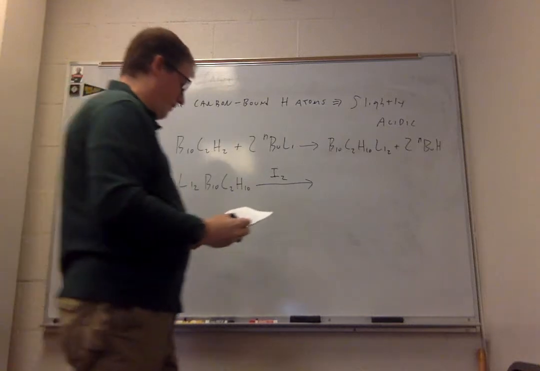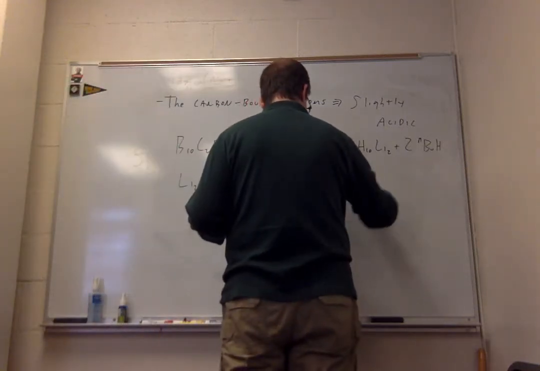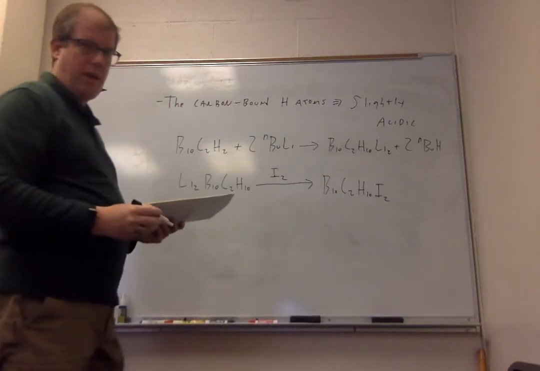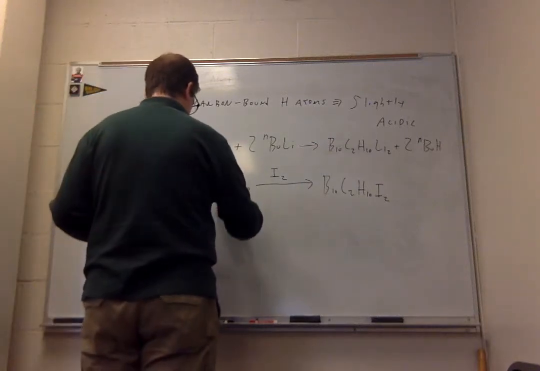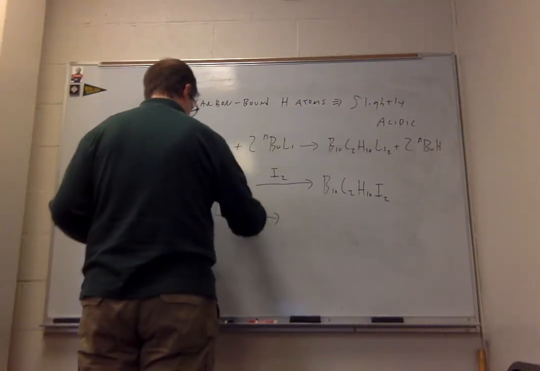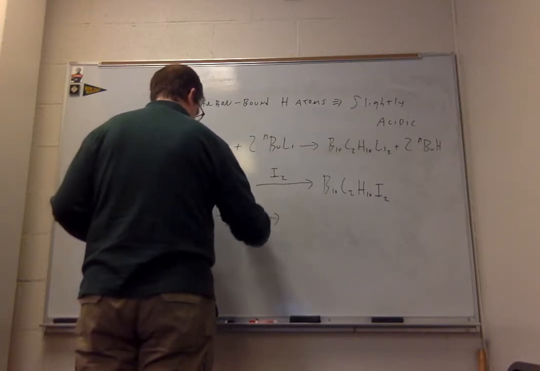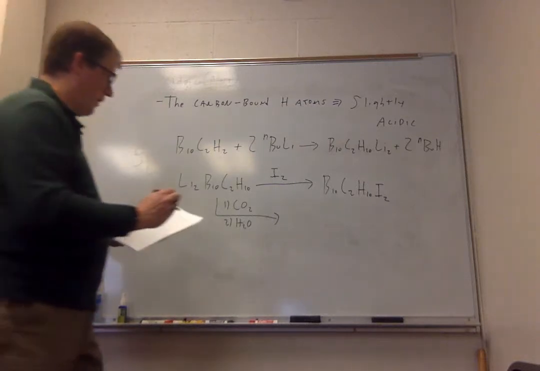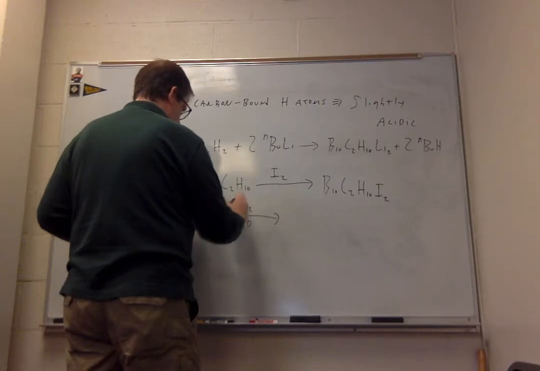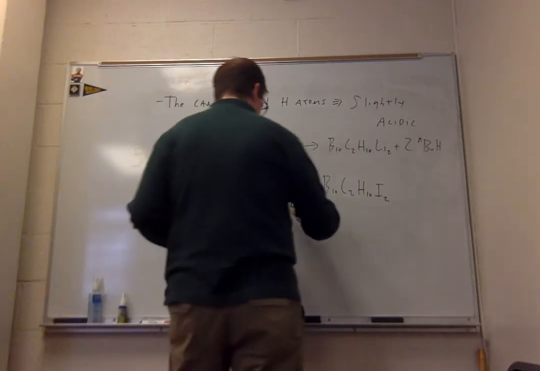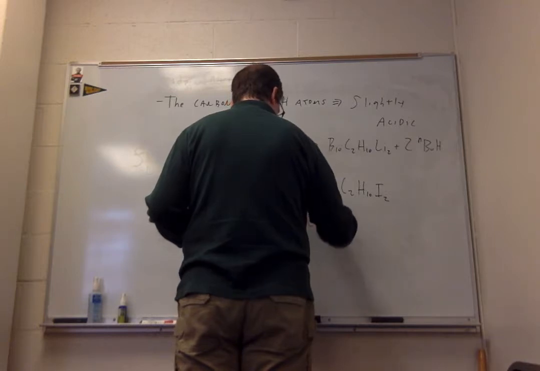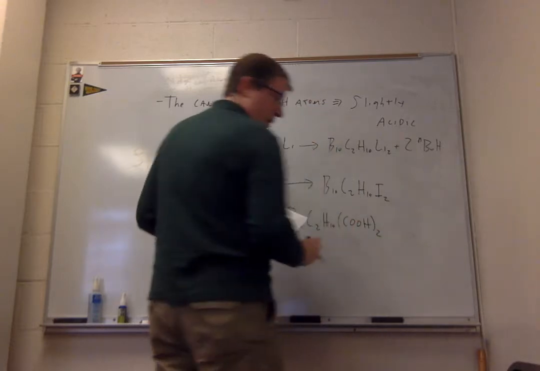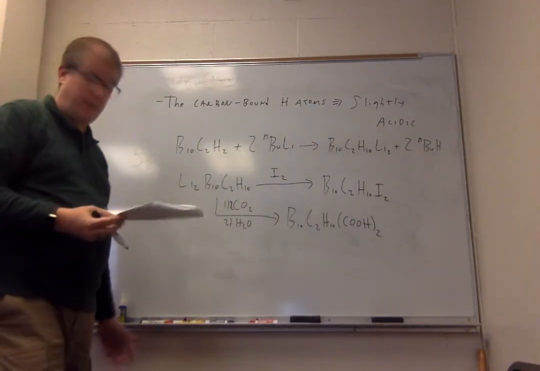Write that with a halogen, and that can be any halogen, in this case iodine. Treat it with carbon dioxide, and that's got to be 2 of those. You'll generate a borane cluster carboxylic acid.